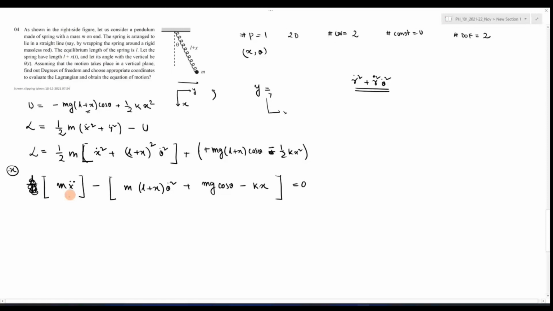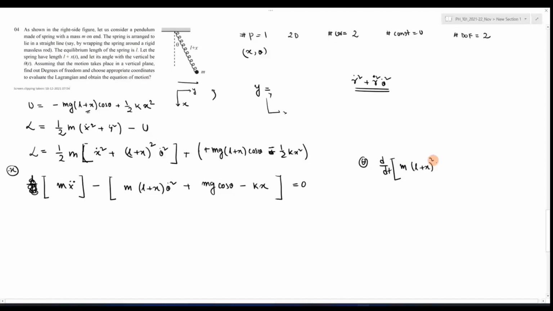For the second equation, what we will do is take it with respect to theta. d/dt of, are you guys with me? Yes, Bhaiya. So this will become half. Theta dot is there only in this term, so it will become m (L plus x) whole square theta dot.